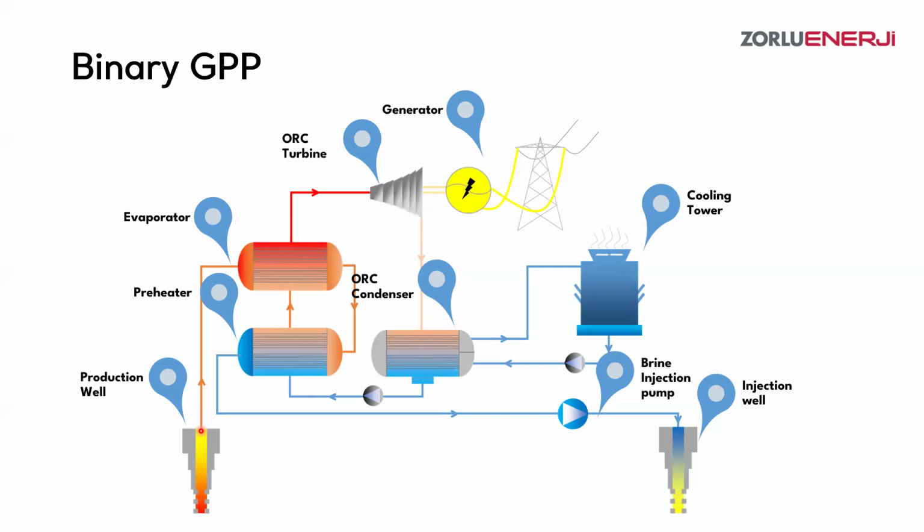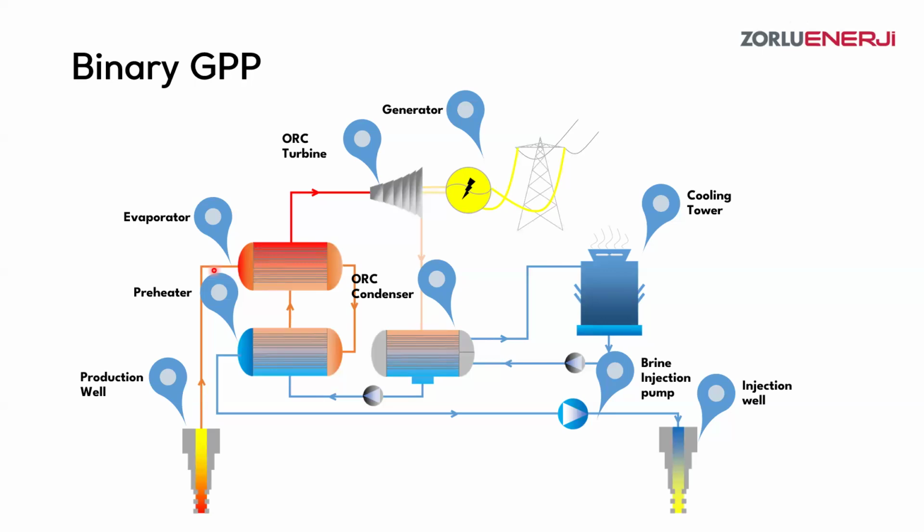It depends on our well head conditions, okay? But let's assume we have brine in this example. As you get that brine into the system, you are using another fluid to create electricity.